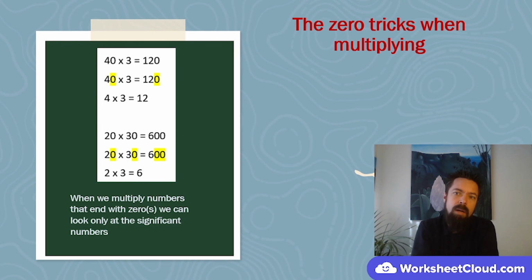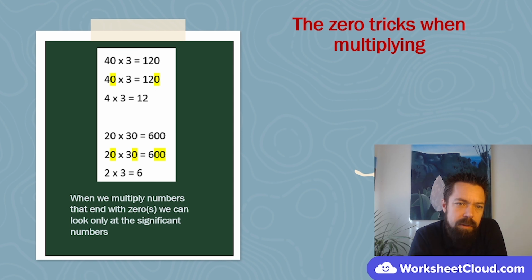Okay, I wanted to mention the tricks when there are zeros in the numbers you're multiplying. For example, 40 times 3 is 120. I noticed that I had a 0 in one of the numbers I was multiplying, and I ended up with a 0 in my answer.